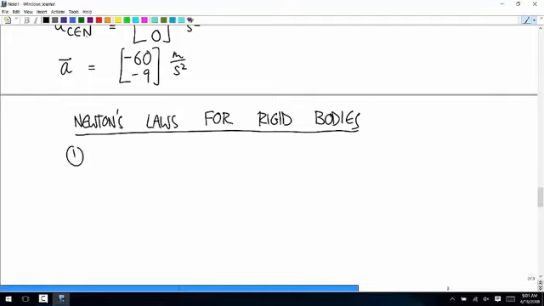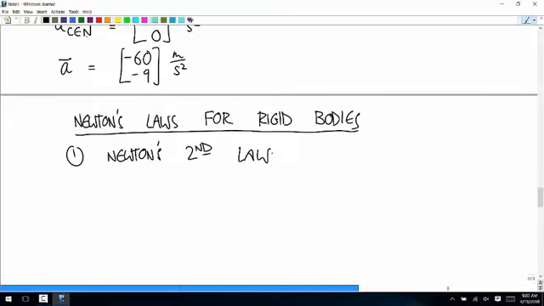So first is Newton's second law. That's the only one that we used for particles. And that says that the net force is equal to the mass times the acceleration, except now we know that the acceleration of a rigid body depends on what point you're talking about.